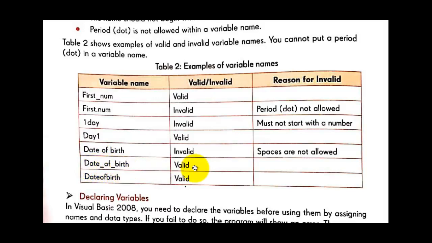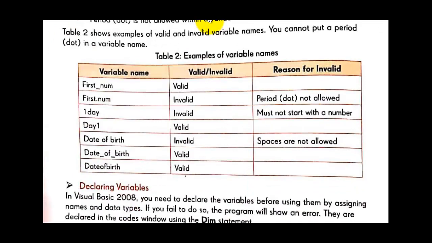It is valid. And date of birth written without any space or underscore, without any gap, is also valid. This is how we name a variable.